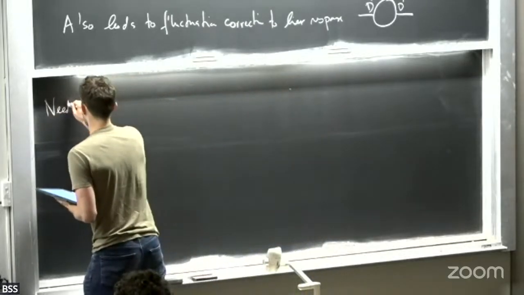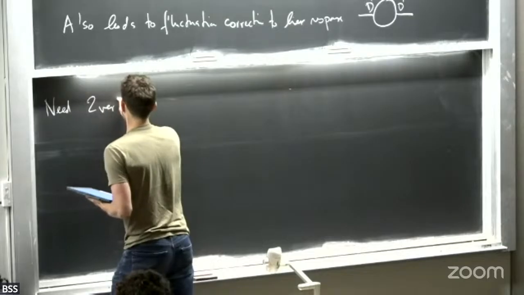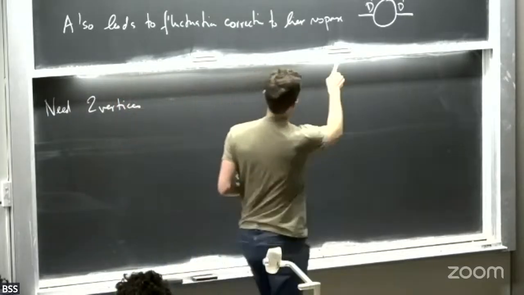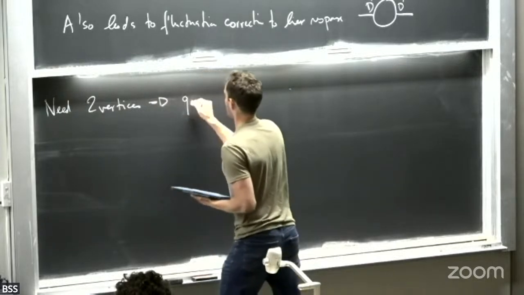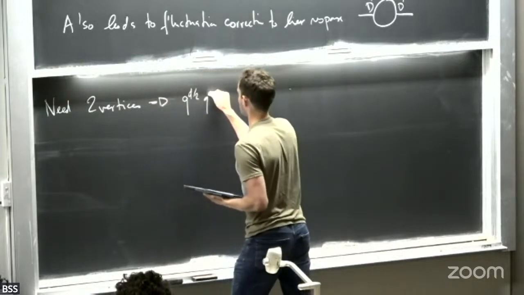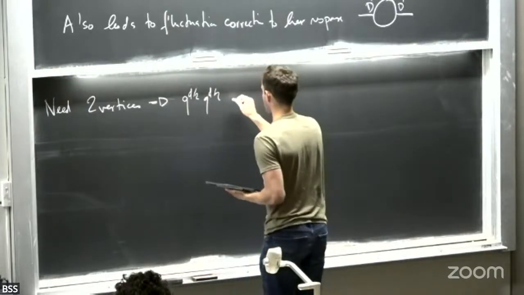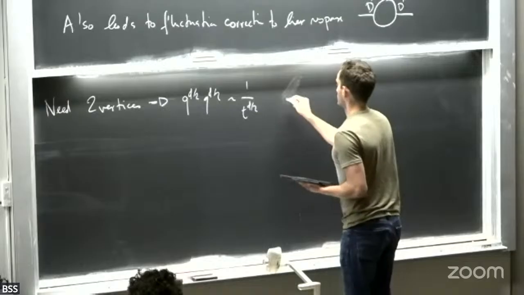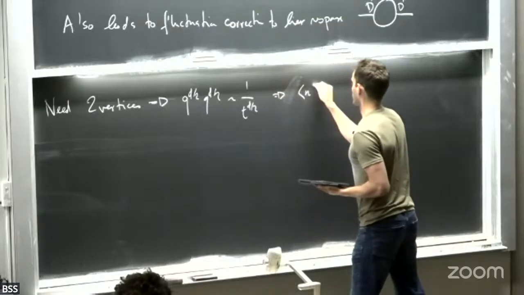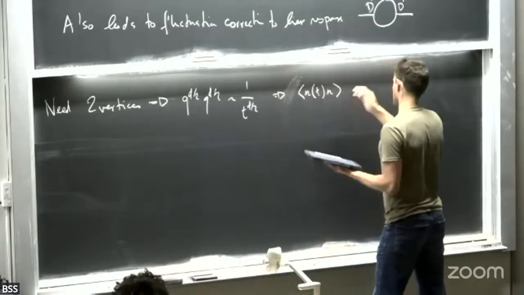So for this, you need 2 vertices, 2 d prime vertices. And so the correction will be of order q to the d over 2 times q to the d over 2, which goes like 1 over t to the d over 2. Okay, so a correction to any observable.